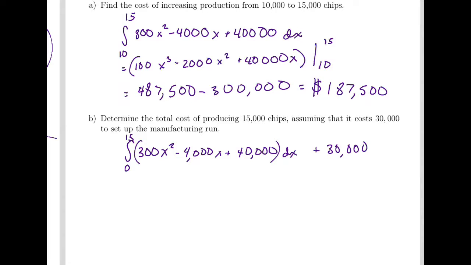you end up with the antiderivative 100x cubed minus 2,000x squared plus 40,000x.